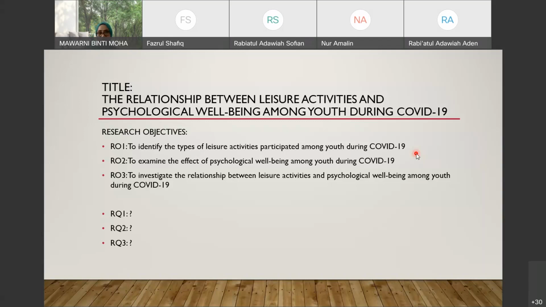First, leisure activities, and then you want to find out the psychological well-being. Because with these two aspects, you want to investigate, for research objective number 3, the relationship between leisure activities and psychological well-being among youth during COVID-19 lockdown.